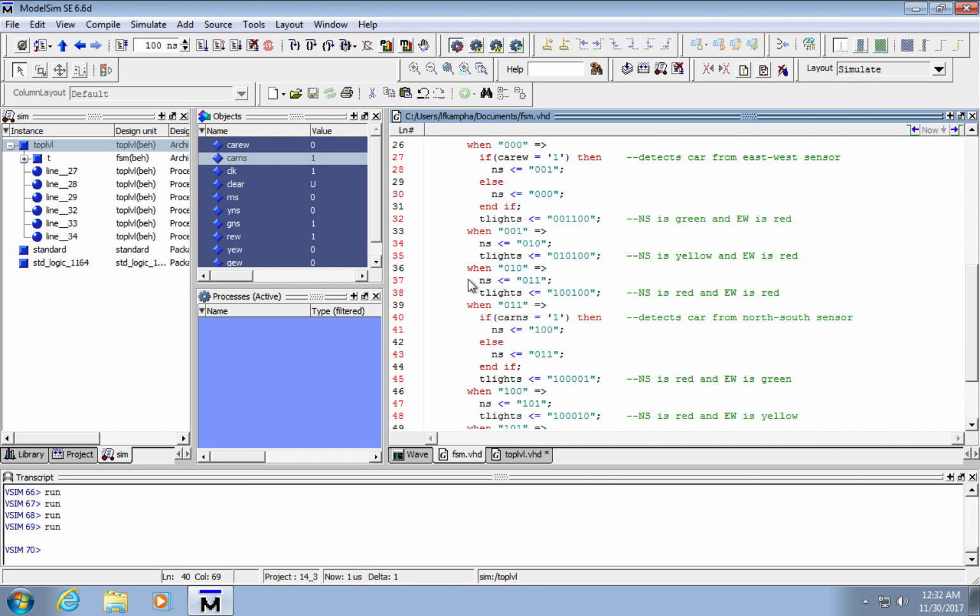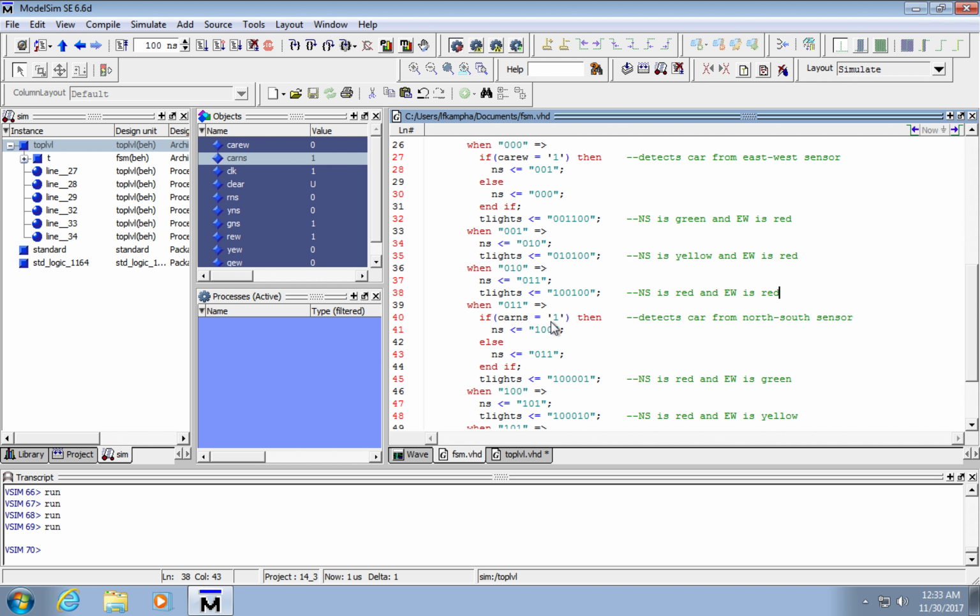So from state 1 to state 2: state 1 is the north-south lights are yellow, and in state 2, north-south is red and east-west is red, so therefore no cars are moving.